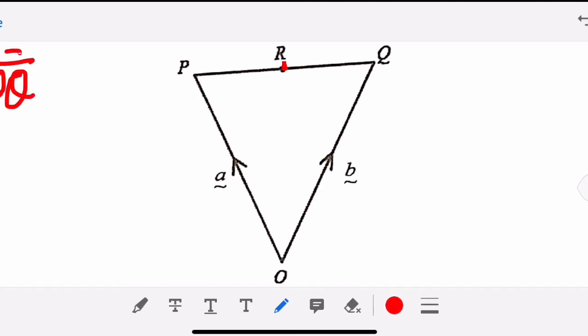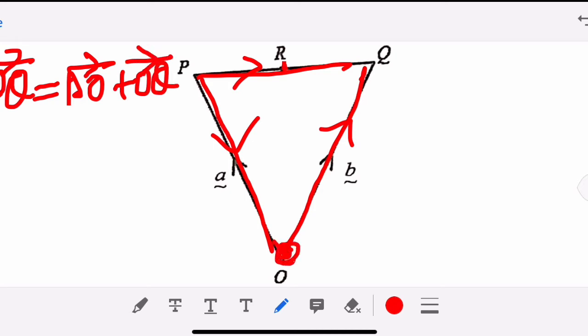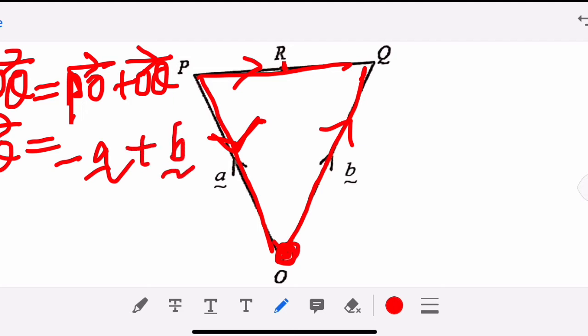PQ is equal to P to O plus O to Q, because the intersection is at point O, right? So that means PQ, we are given A, and our vector is negative A, because it's not OP, it's P to O. This is P to O against the direction given, and OQ is heading in the same direction, so you plus.